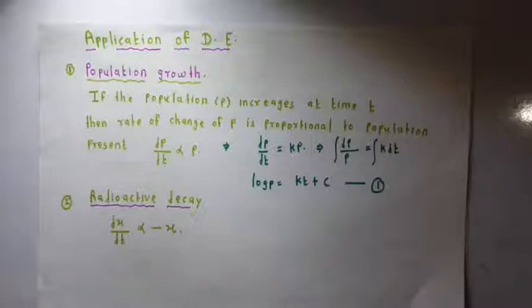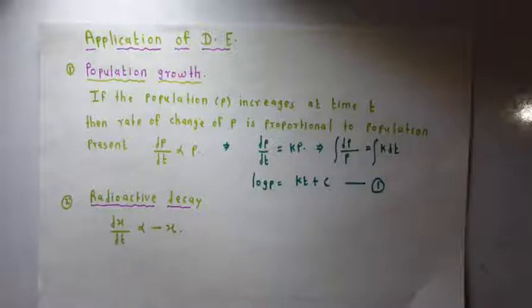That means the mass of the substance decreases with respect to time, and the rate of disintegration of such a substance is proportional to the amount of mass present. By using differential equations, we can calculate the radioactive decay.